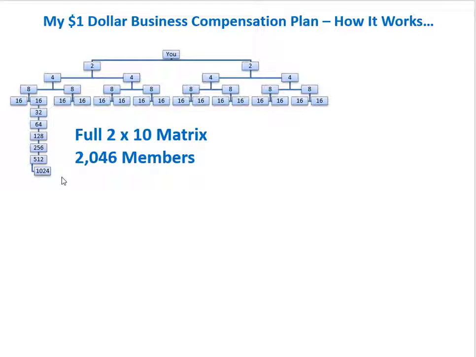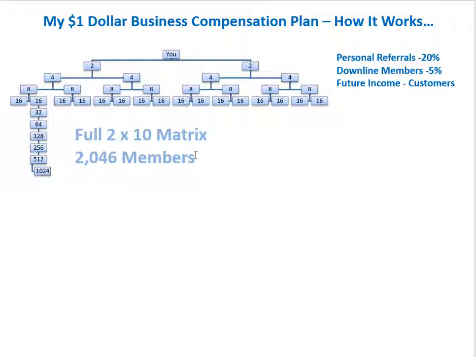I'll share with you the dollar amounts you could be earning off of each of these people, because they can be at one of 5 different phases, which would pay you a different amount of income depending on which phase these people are within your 2x10 matrix.